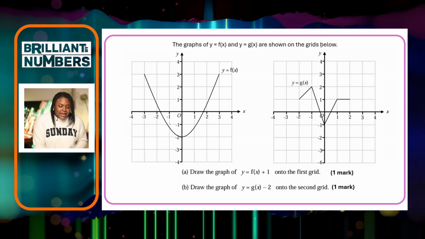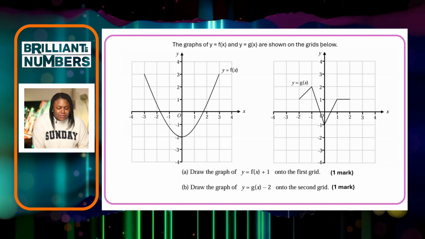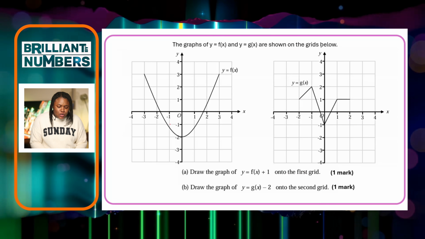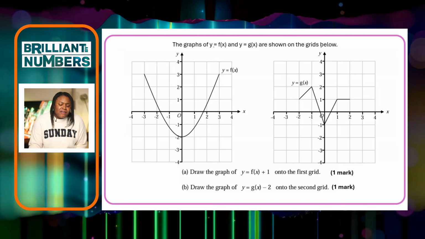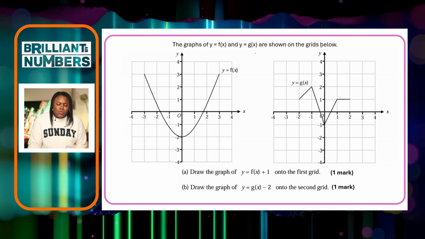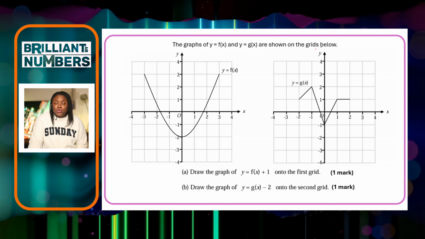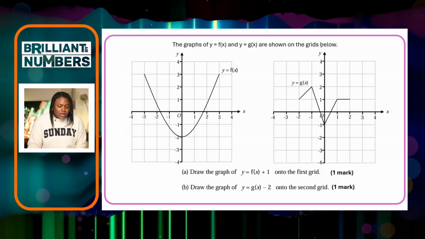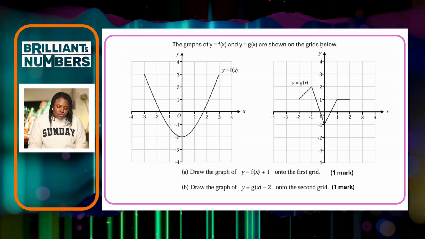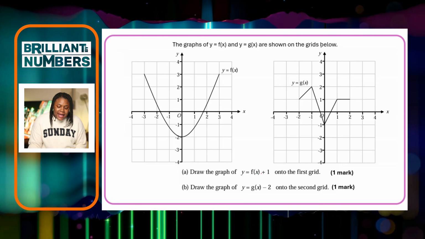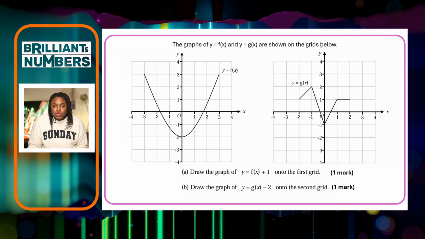Okay, for the next question now, we go to transformation graphs. We're given that the graphs of y equals f of x and y equals g of x are shown on the grid below. Part A asks us to draw the graph of y equals f of x plus 1 onto the grid.